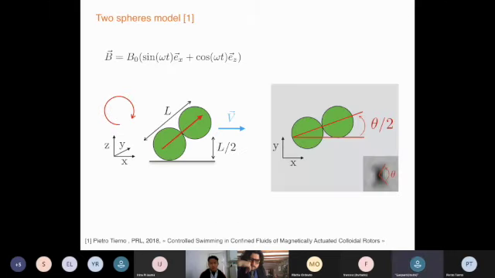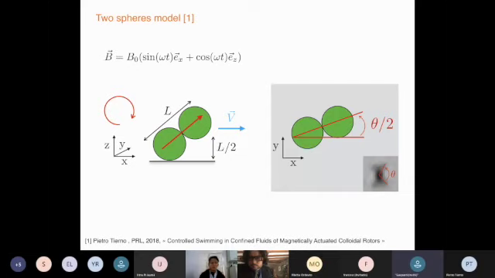To investigate and understand the experiment, we went back to a model that has been proposed previously to explain the motion of spheres close to a surface.